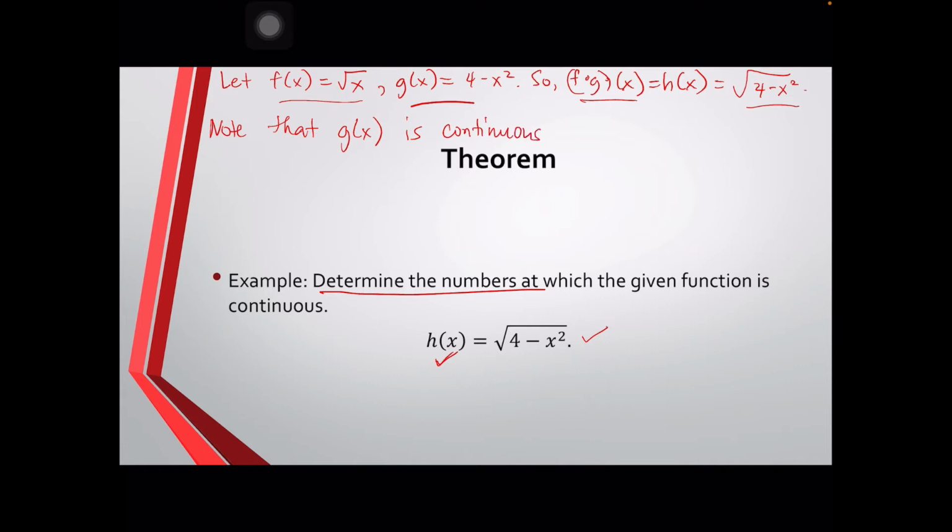That is, we won't have problems with g of x when it comes to continuity, because this will just be 4 minus x squared. We can substitute any number at our x, and we won't have undefined terms, or undefined answers, or imaginary numbers, things like that.